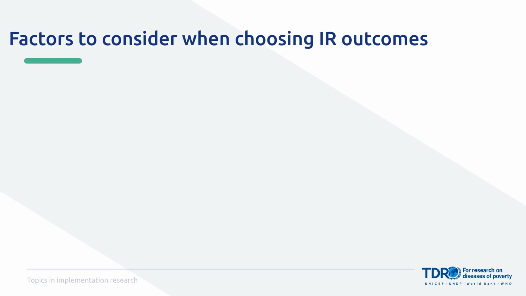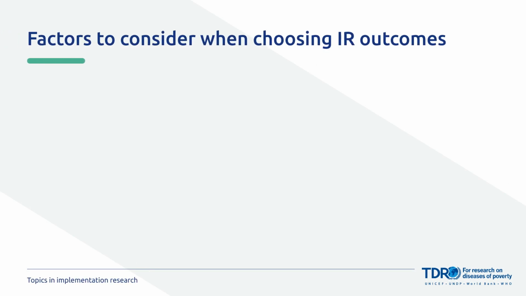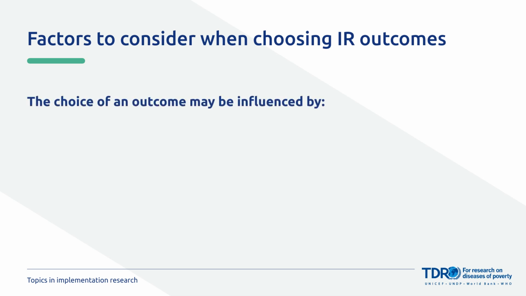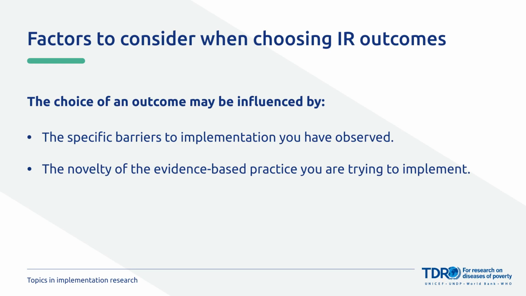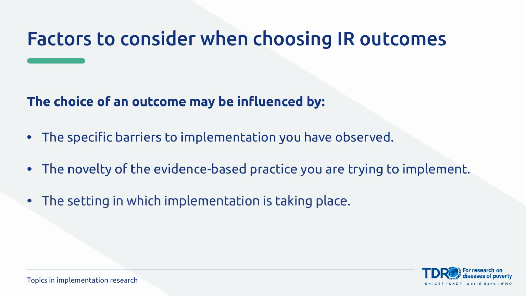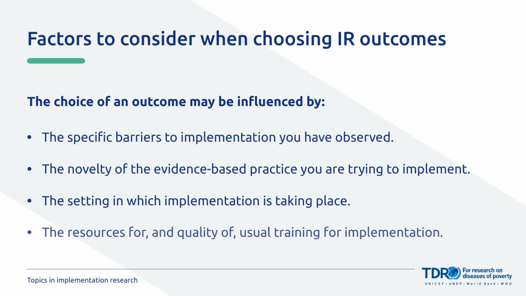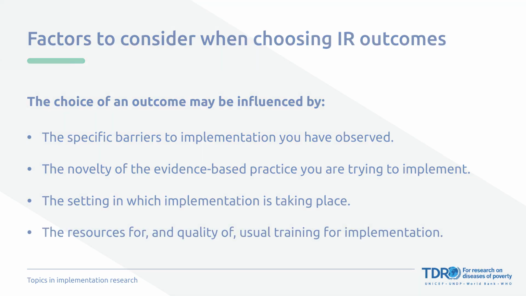There are several factors to consider when choosing implementation outcomes. The choice of an outcome may be influenced by the specific barriers to implementation you have observed, the novelty of the evidence-based practice you are trying to implement, the setting in which implementation is taking place, and the resources for and quality of usual training for implementation.